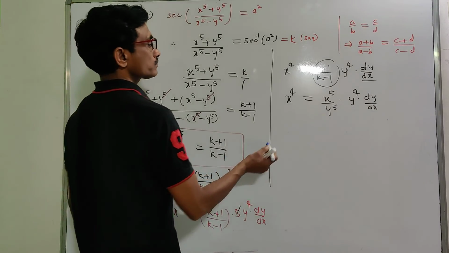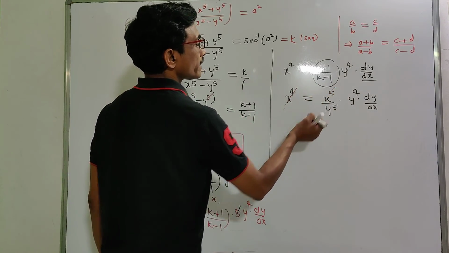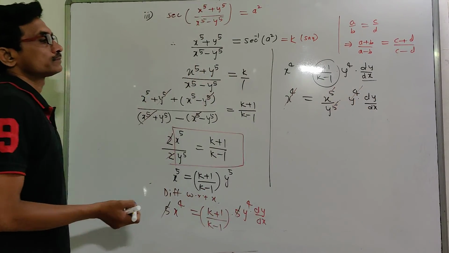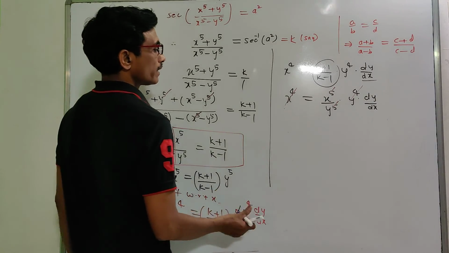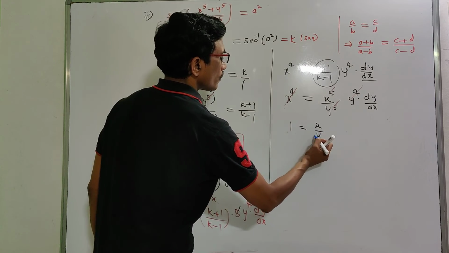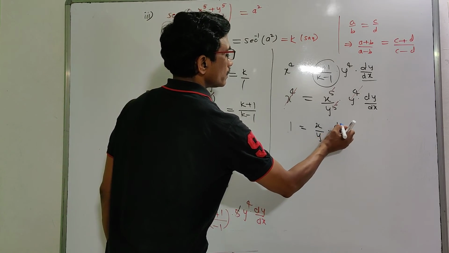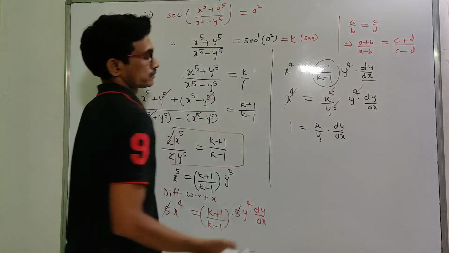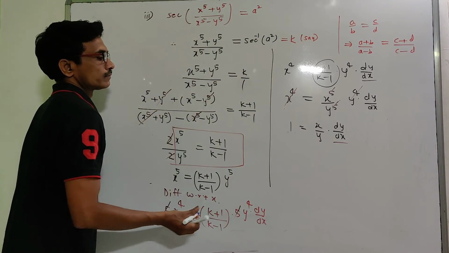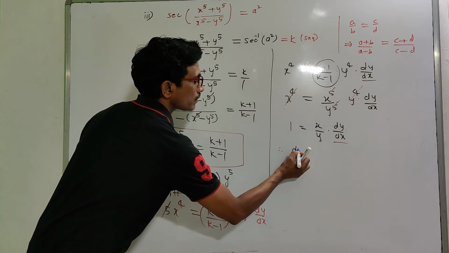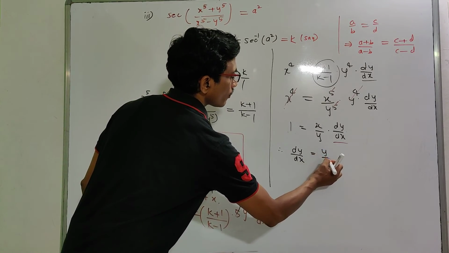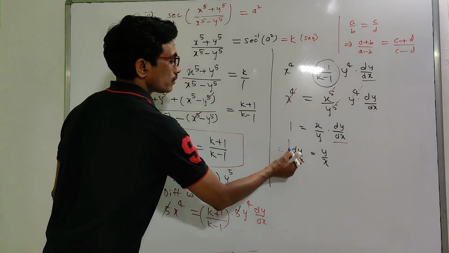Now this x^4 is getting cancelled, y^4 is getting cancelled, and finally we are getting 1 = (x/y) dy/dx. Therefore the required dy/dx is equal to y/x, which is what was required to show.